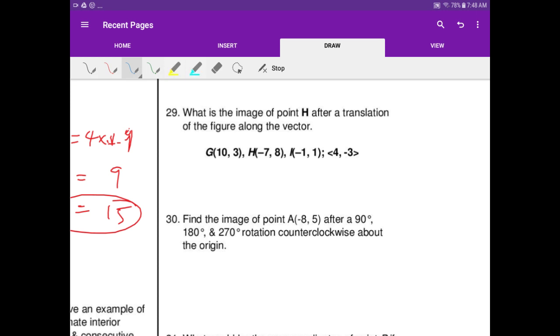Alright, so it's plus 4, minus 3. So 10 plus 4 is G prime, is 14. H prime, negative 3.